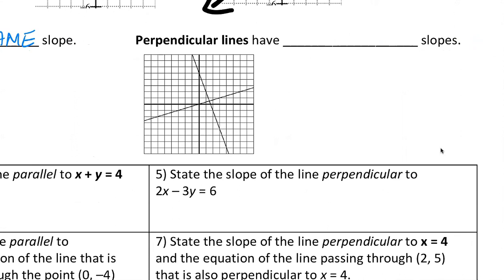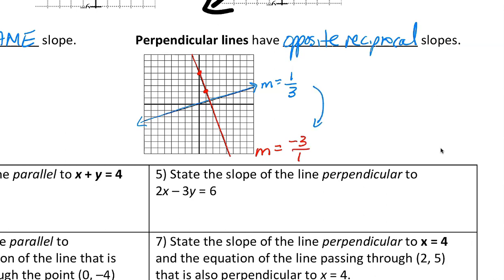Perpendicular lines have opposite reciprocal slopes. So for instance, this blue line looks like it has a slope of up 1 over 3, whereas this red line looks like it has a slope of down 3 over 1.